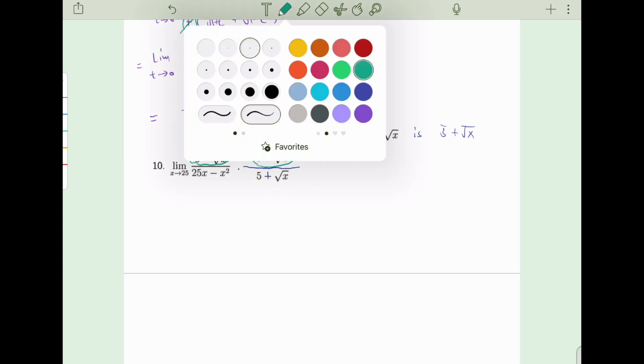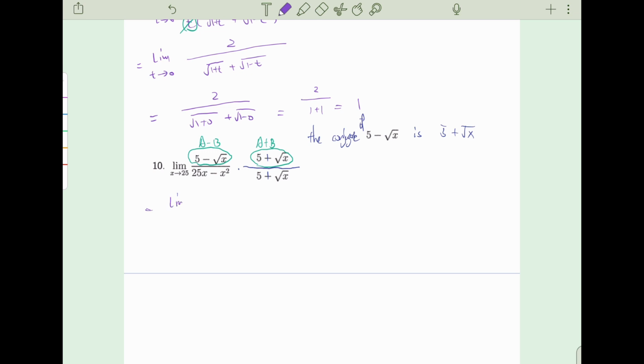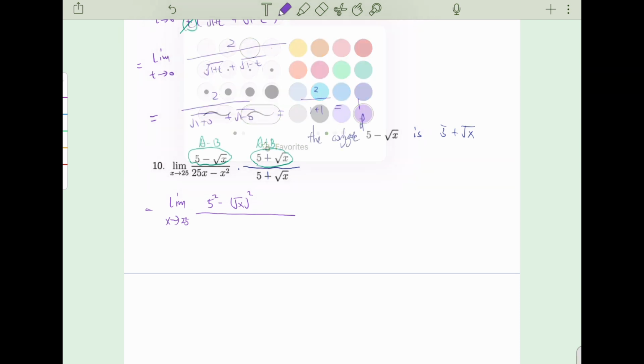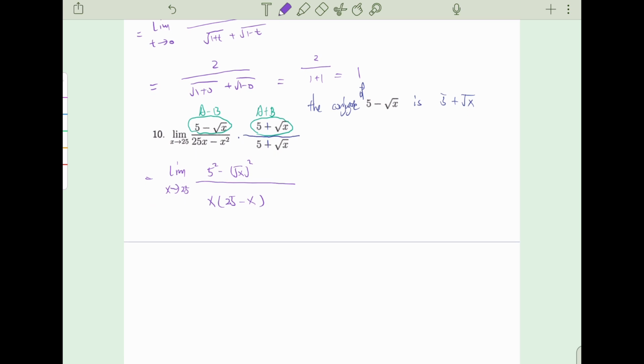Okay. Now continue the previous method. That is a squared minus b squared. So 5 squared minus square root of x squared. And from the bottom, 25, maybe a little bit of factorization. For the bottom, I can factor out x, right? And I'm left with 25 minus x. Okay.